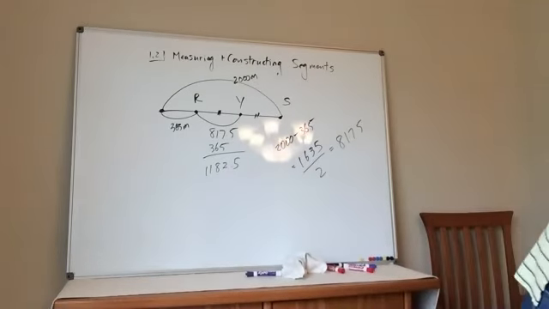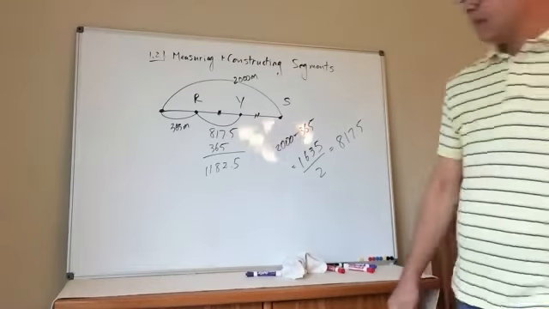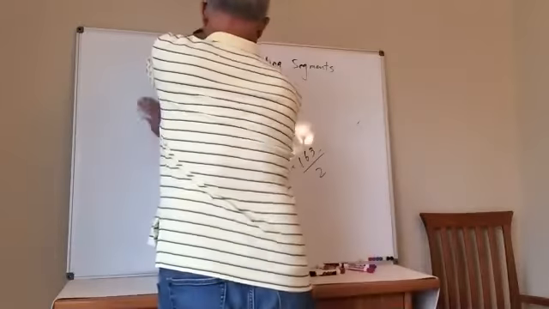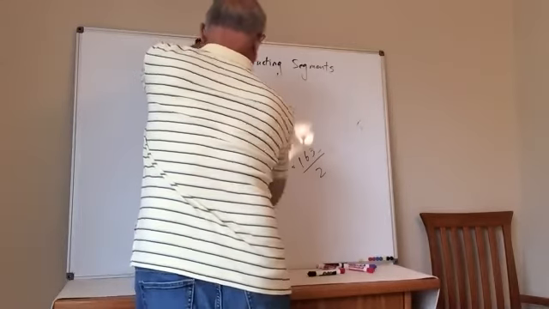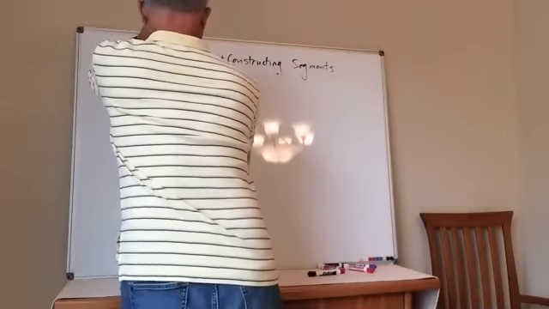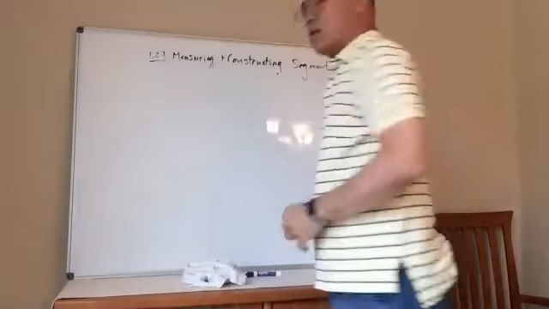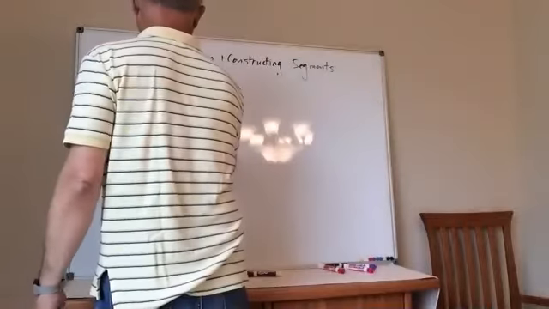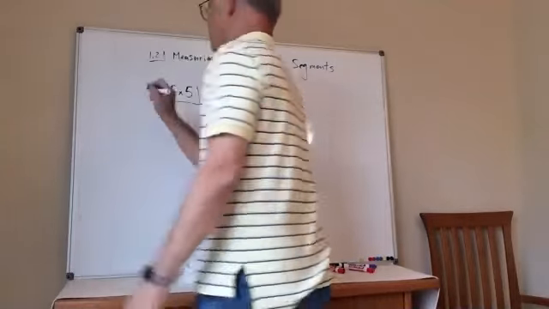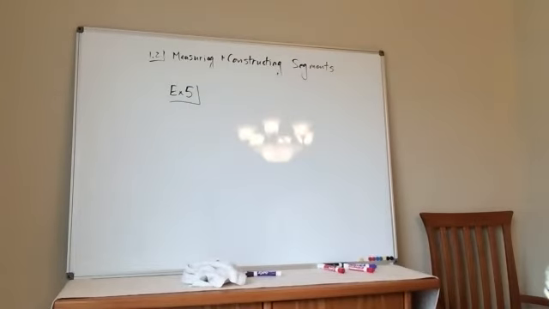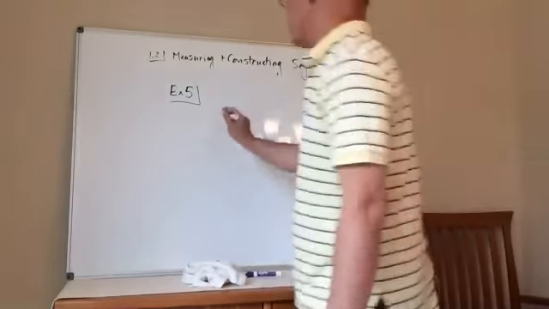And we have one more, using midpoints to find lengths. So let's see if we can do this. Example number 5: B is the midpoint of AC.